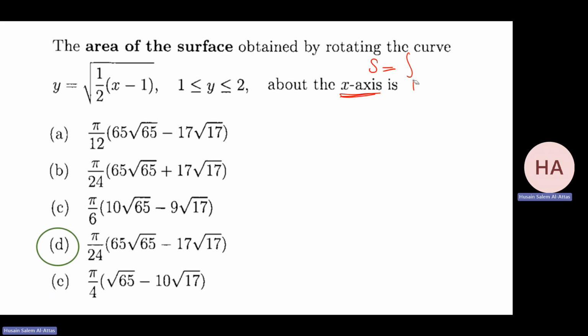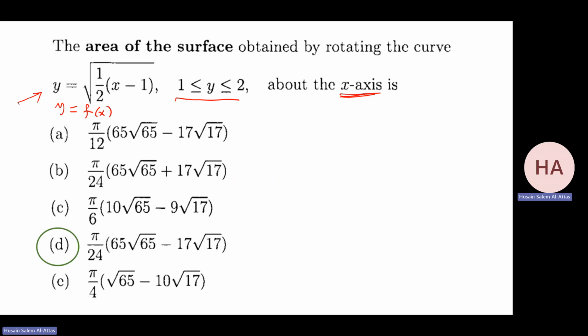Now S is not 1 to 2. Now I need to work it as a function of x. So if y equals 1, x will be what? Either I change the function in terms of x, or I change this, one of them. That will be my first step.